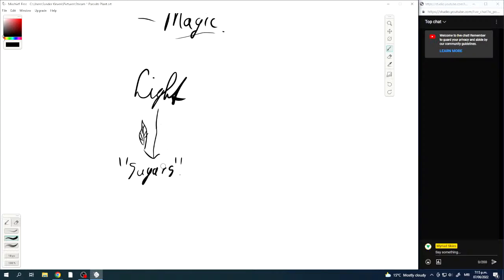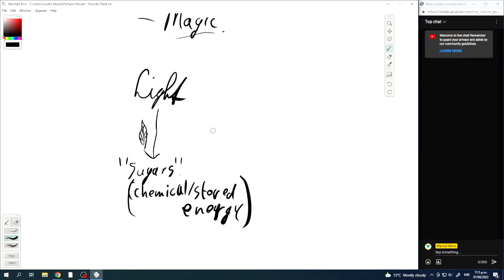Basically, chemical or stored energy. That's what I mean by sugars.